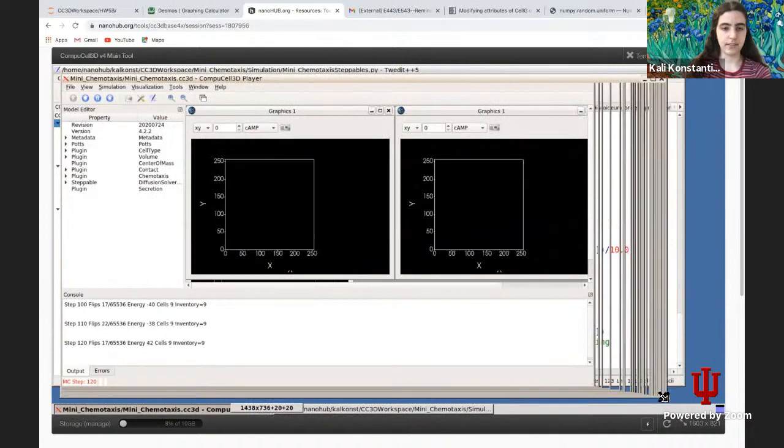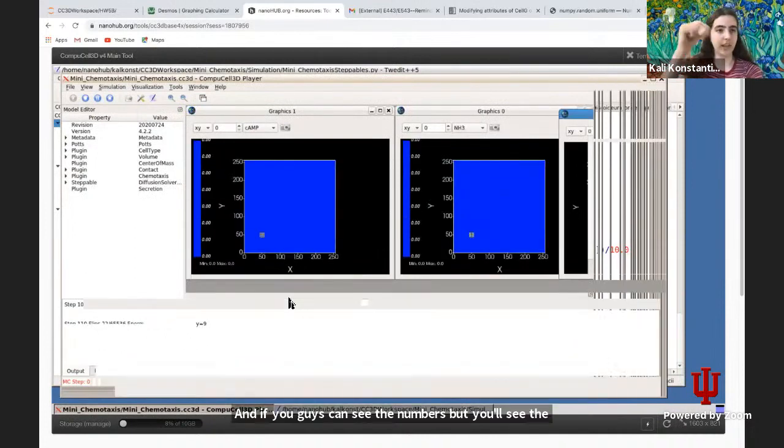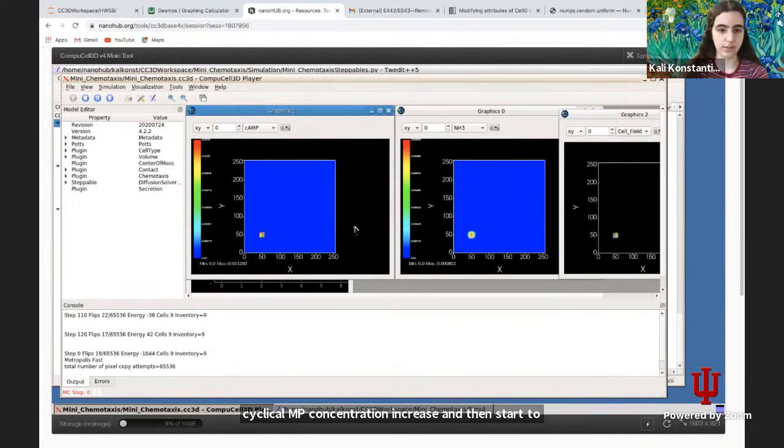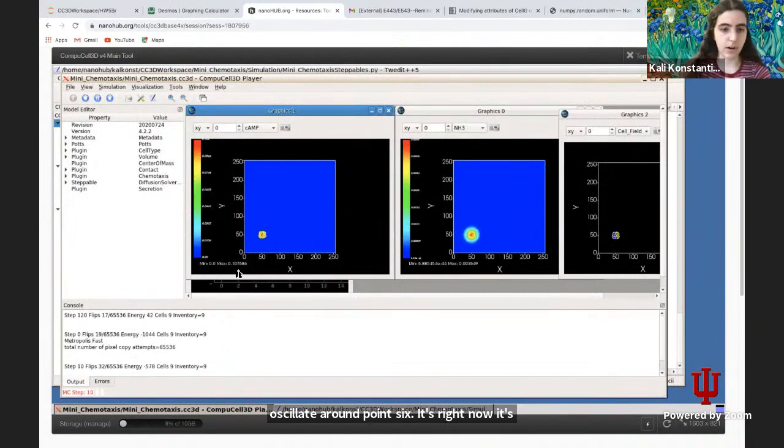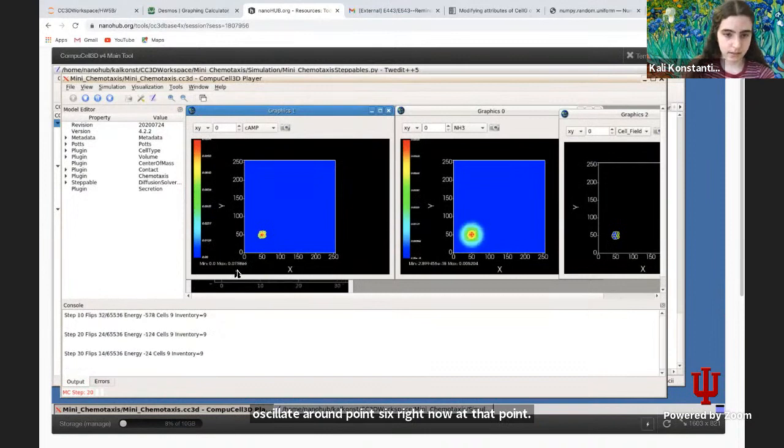I don't know if you can see the numbers, but you'll see the cyclic AMP concentration increase and then start to oscillate around 0.06. So right now it's at 0.001, 0.1, big jump there, then 0.08, now 0.07, now 0.068, now 0.065, 0.064, 0.0641, 0.0645, so it's an increase again, 0.0639, a decrease again, 0.0624, a decrease.